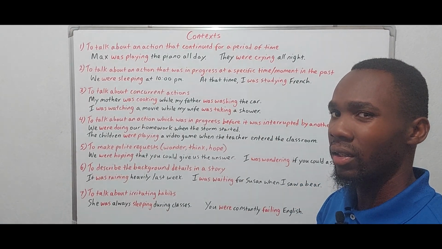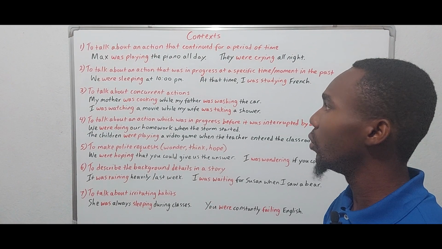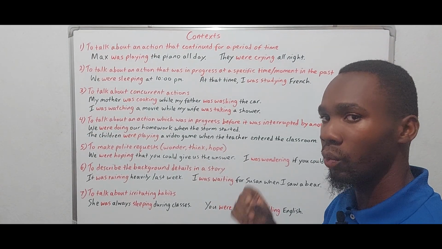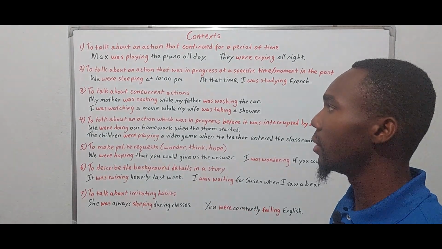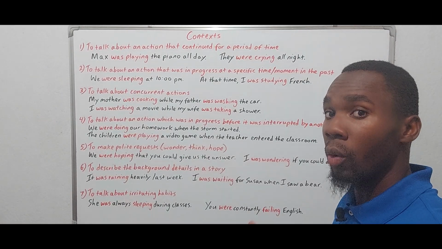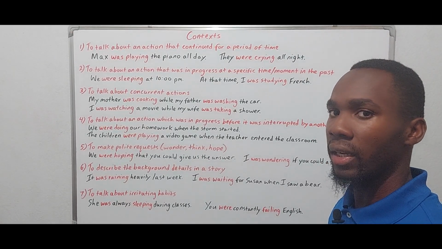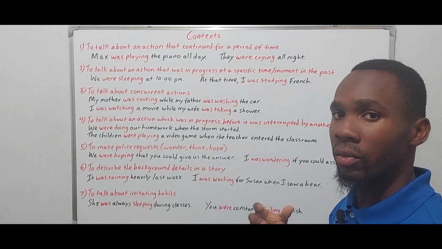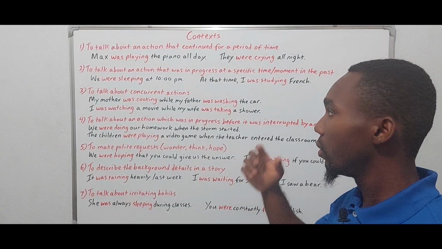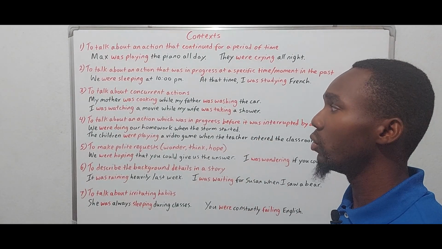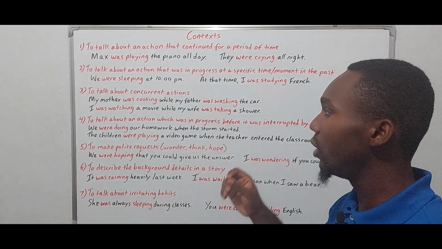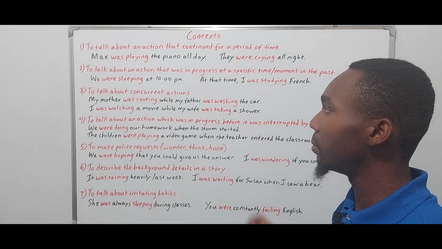You see? So in that case, we would utilize the past simple. We went to bed at 10 p.m. But if I want to describe what we were doing, and that action was continuous, we can utilize the past continuous. So we were sleeping at 10 p.m.